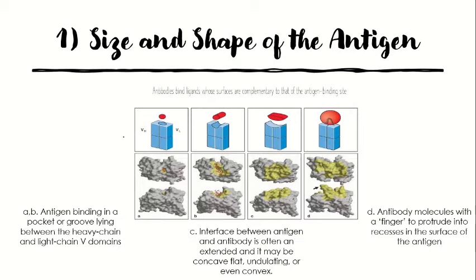However, some antigens like proteins can be the same size or even larger than the antibody itself. In this case, the interface between the antigen and the antibody is extended. It forms an extended surface that involves the CDRs, and in some cases some of the framework region as well. And as illustrated, it might not only be concave but can be convex or even flat.